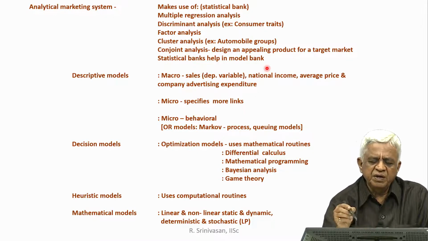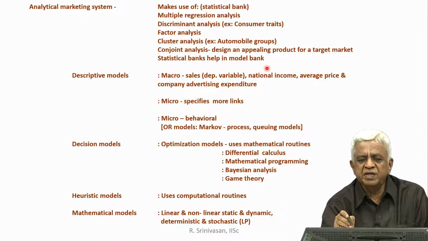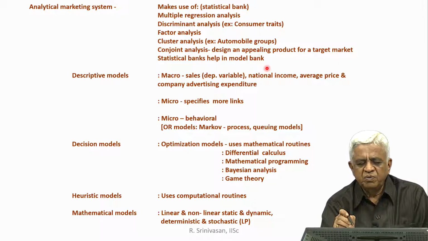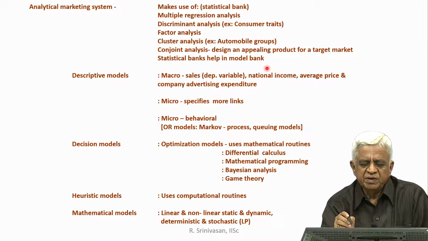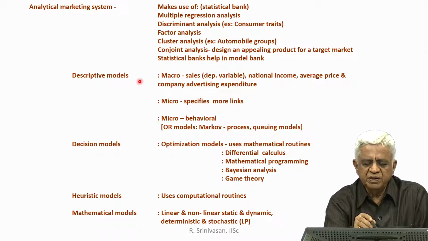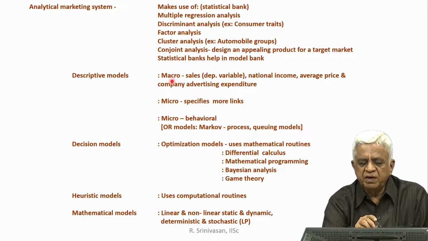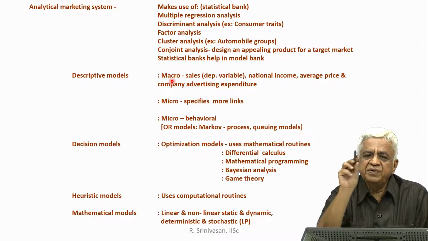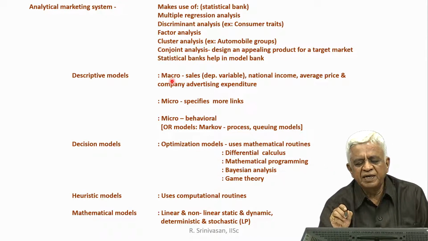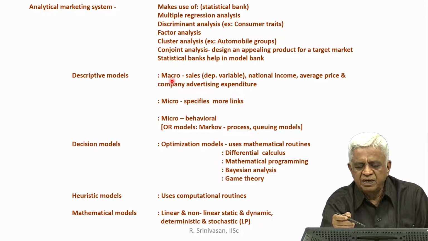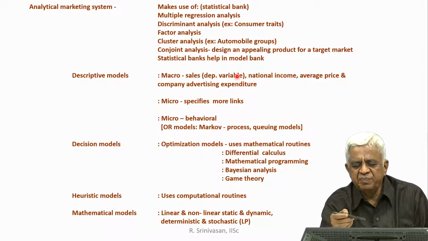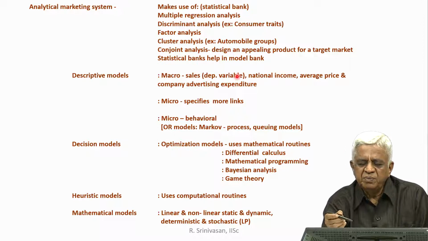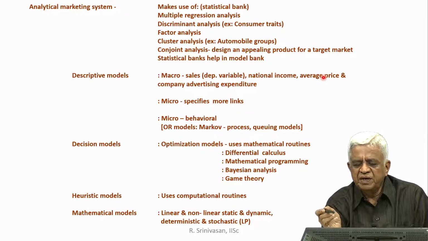The second one which we make use of is what is called the descriptive models. What do we mean by descriptive models? We look at two types of descriptive models. One is the macro, second is the micro. When we say macro, we are looking at a holistic level, that is a picture at the holistic level. Suppose you consider sales as the dependent variable, you may look at national income, you may look at average price and company advertising expenditure as independent variables.